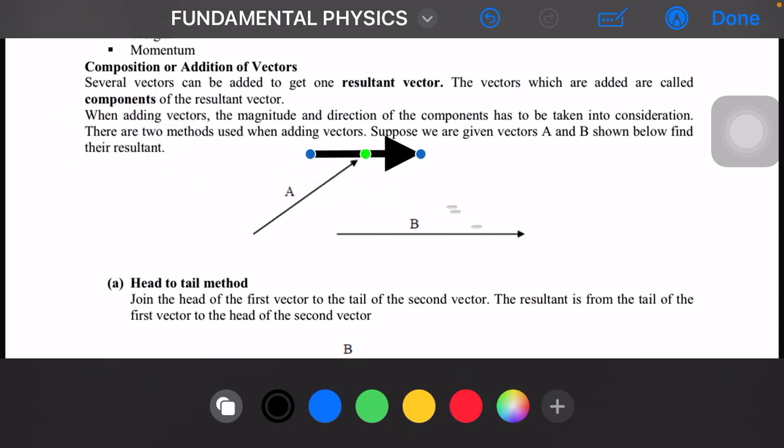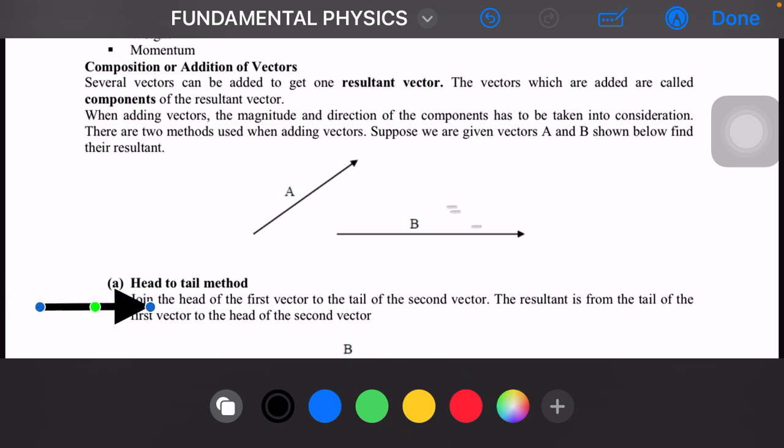Suppose we have vectors A and B shown below. So this is our vector A. Like we said previously, a vector can be presented like an arrow, which is vector A, and this is vector B, and we're asked to find the resultant.